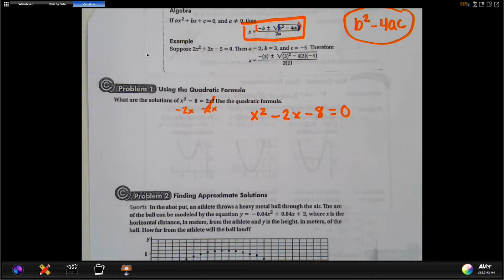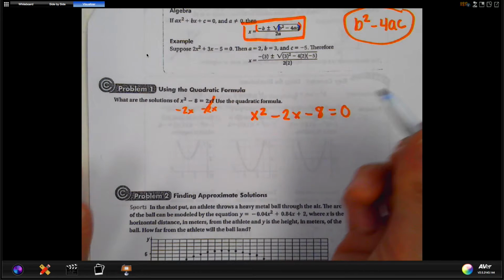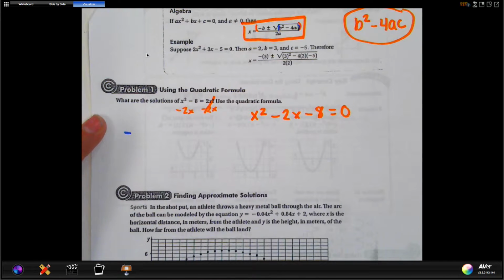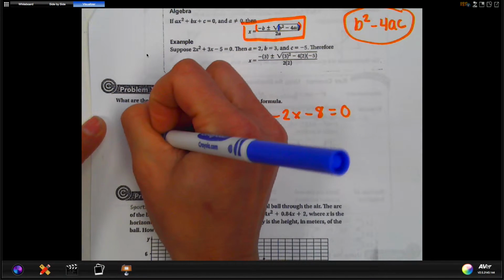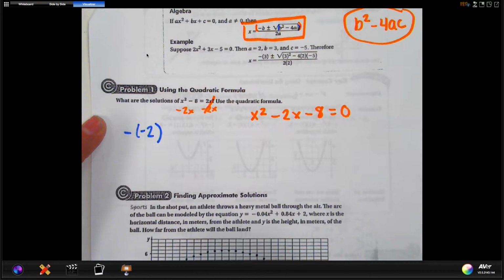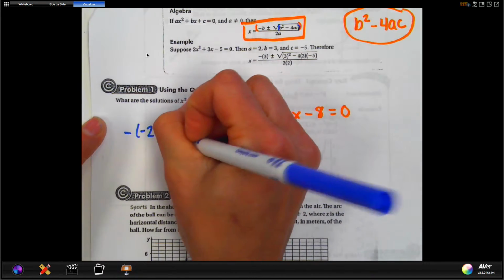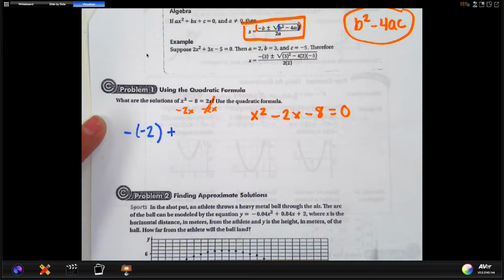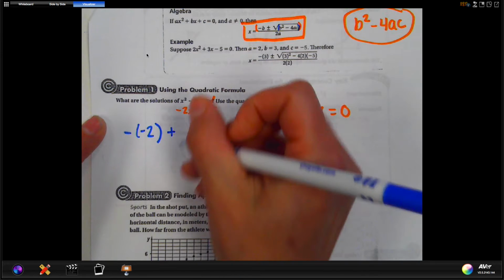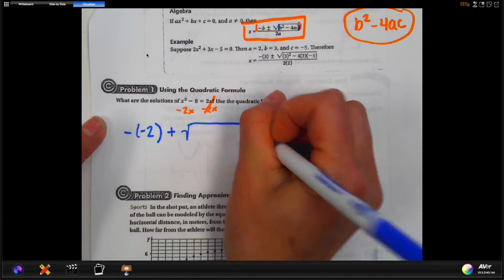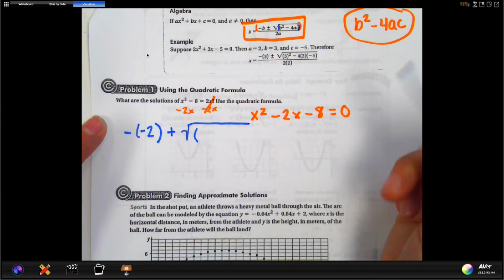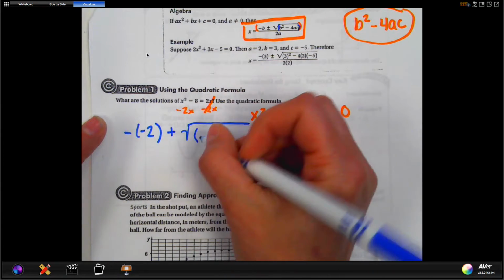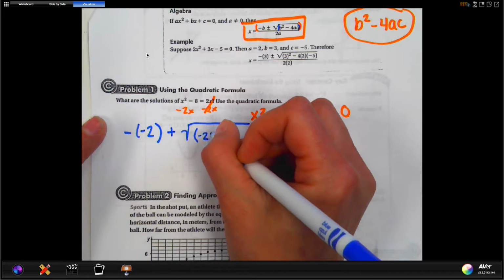So here we go. Negative b, so negative what? Negative 2, yep. And then we're going to start with plus. It says plus or minus, but we're going to start with plus the square root of, and we're going to use a parenthesis, b squared. So negative 2 squared.